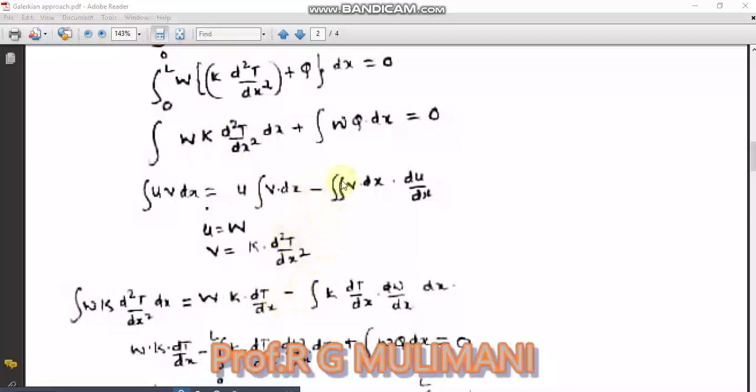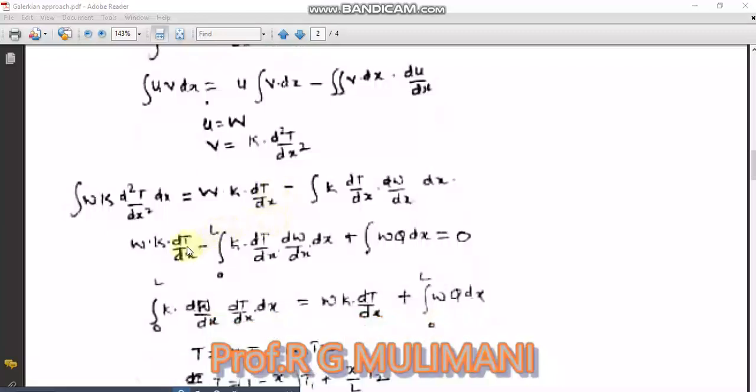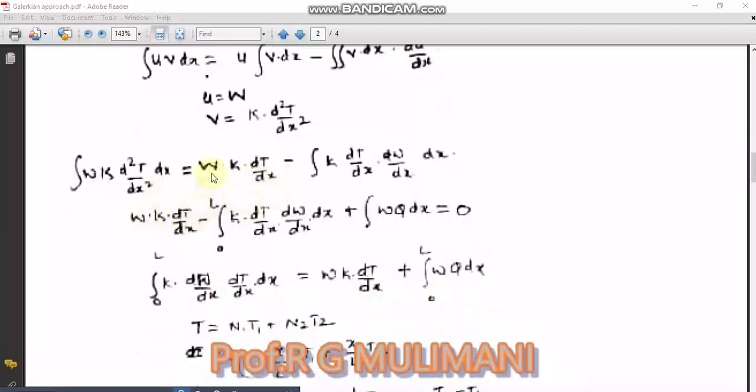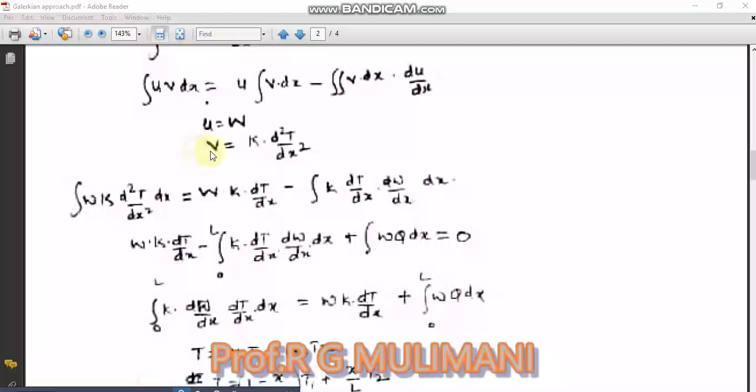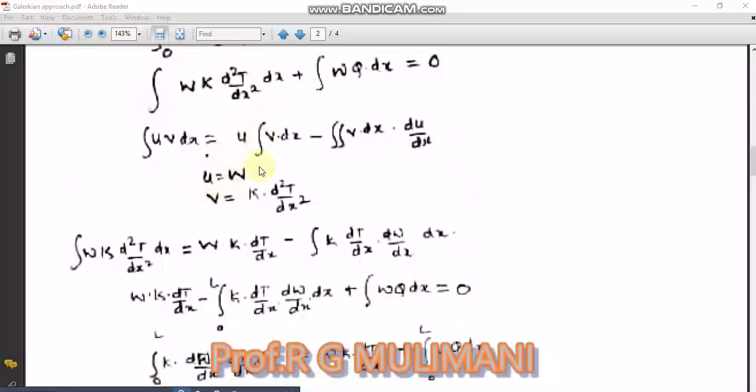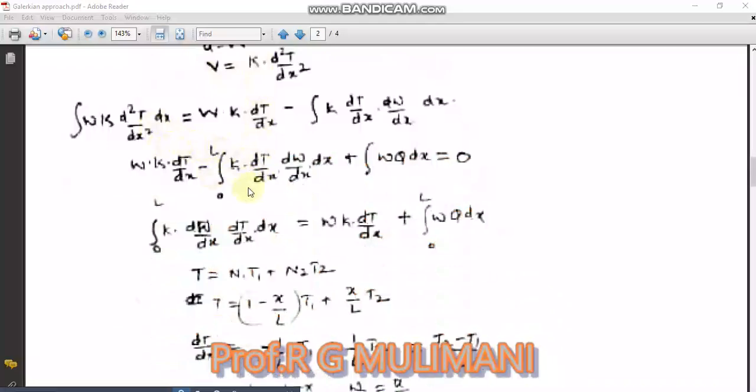Then minus the integration of k dT by dx times du by dx, where u is W, so it is dW by dx dx.